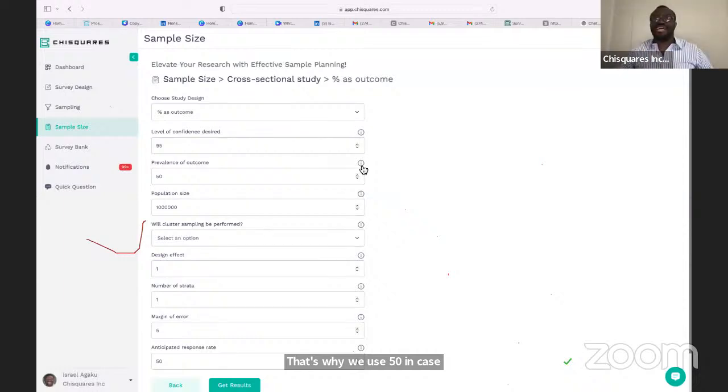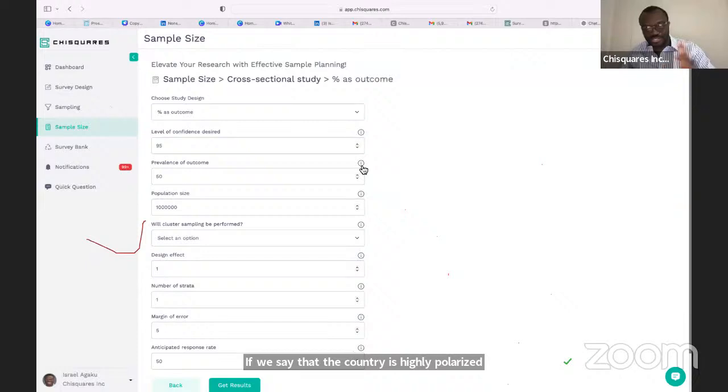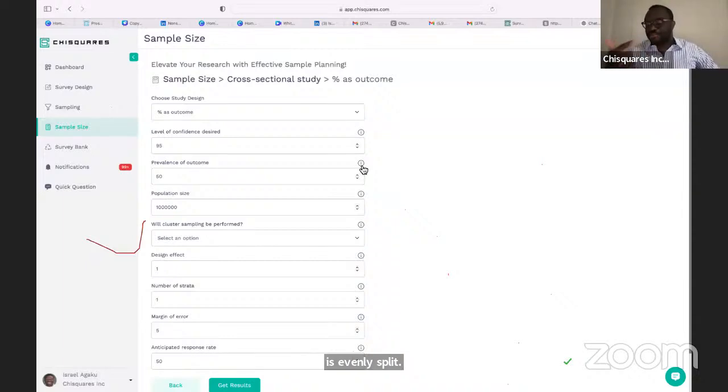If we say that the country is highly polarized, it means that 50% of the population support this president and 50% support the other guy. That is the maximum polarity you can get when the country is evenly split in two opposite directions. So that should help you realize that variance is maximized at a prevalence of 50.